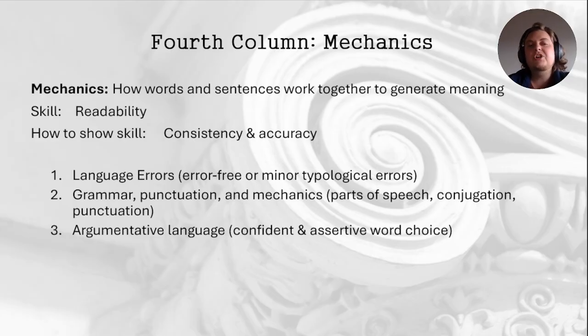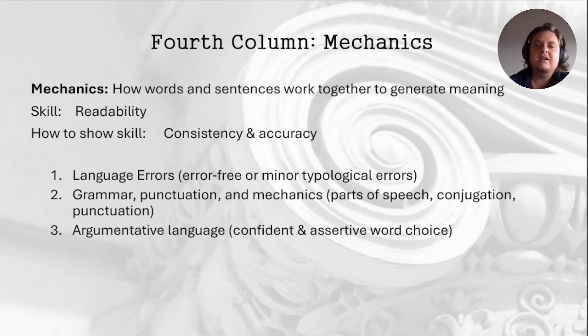How to show the skill of readability in particular is by consistency and accuracy. So we're going to try to be consistent in terms of providing correct subject-verb agreement, tense consistency, that sort of thing, as well as maintaining accuracy by avoiding errors.